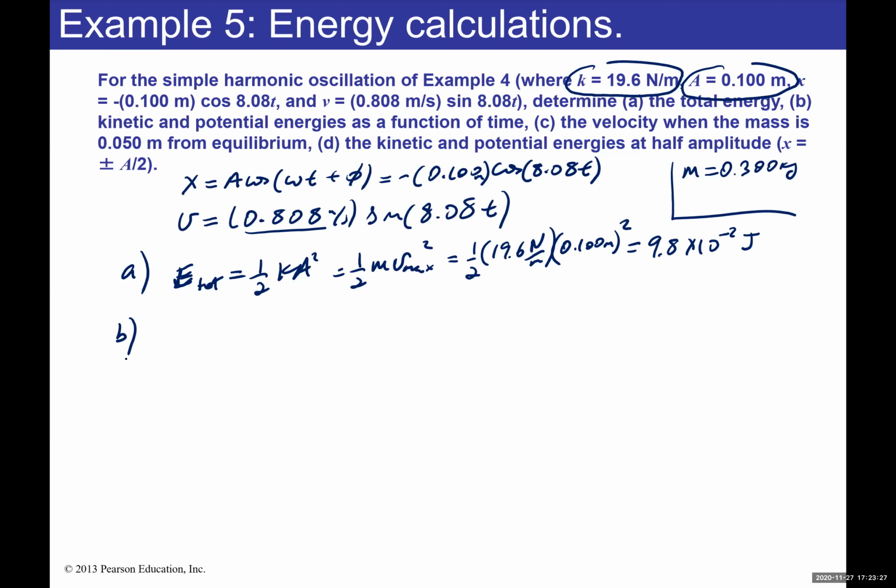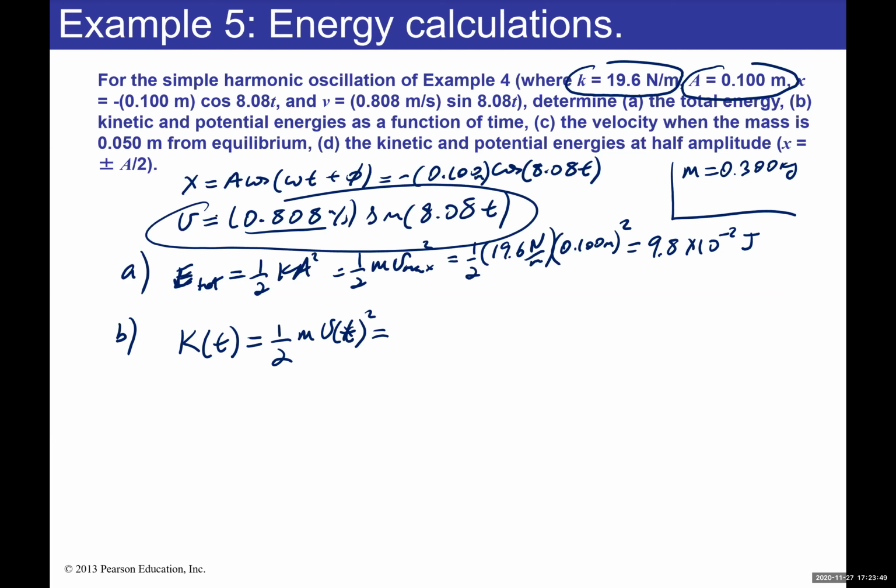Part B says find the kinetic and potential energy as a function of time. So I can use this equation, where this is kinetic energy as a function of time, which I showed you a minute ago. It's 1/2 m v of t squared. So basically this equation over here.